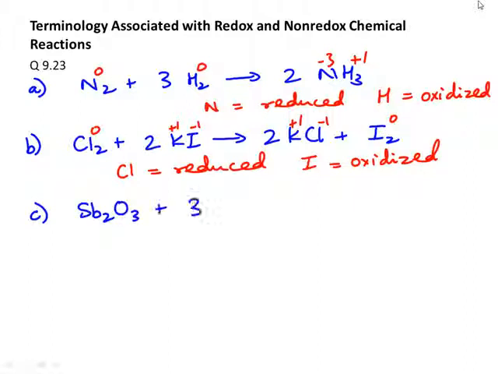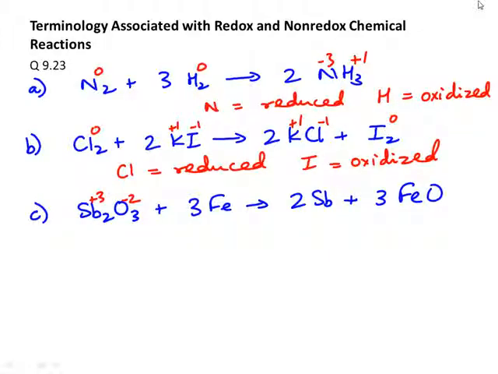Sb2O3 plus 3 Fe makes 2 Sb plus 3 FeO. Oxidation states to start out with for the antimony. Sorry, it's antimony, not stibene. I apologize. So the oxidation state for antimony in the reactant: if you analyze oxygens being -2, each antimony will be +3.